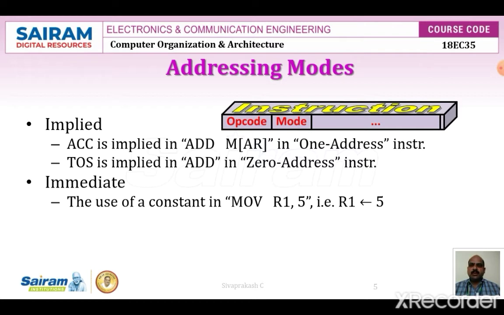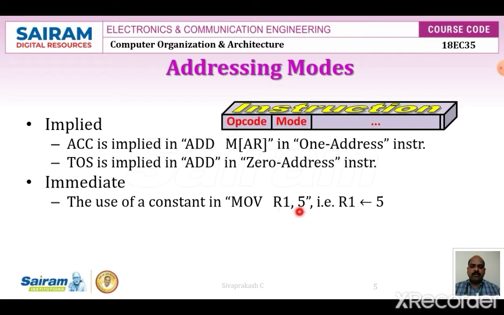What actually is the immediate addressing mode? In the immediate addressing mode, the operand is given explicitly in the instruction. The use of a constant in the instruction is called immediate.